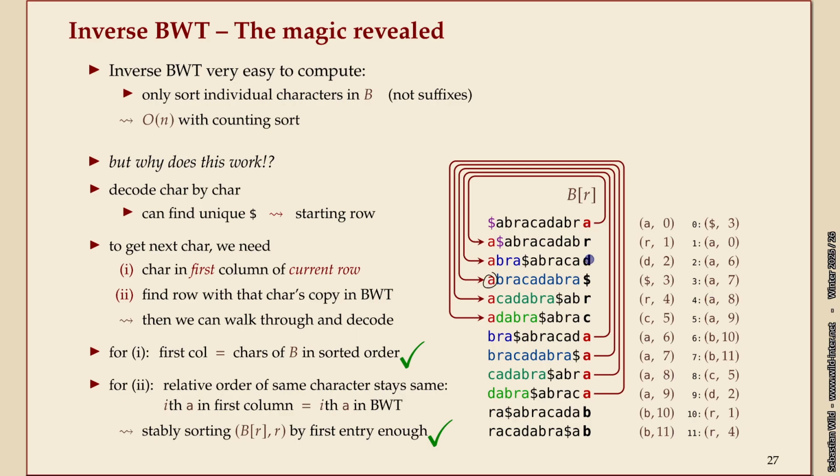So we also know it has to be the third A here that we have to go to. Okay. The decoding algorithm does this kind of automatically by keeping track of the indices. But the reason why it works needs the argument.